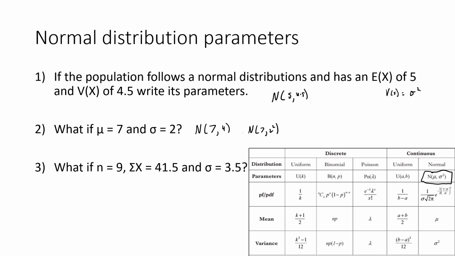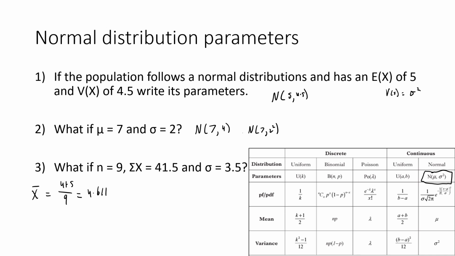What if n is 9? The total sum of x values is 41.5 and sigma is 3.5. So here we just calculate the average, which is very simple. Total value of x is equal to 41.5 over 9, which gives us 4.611.